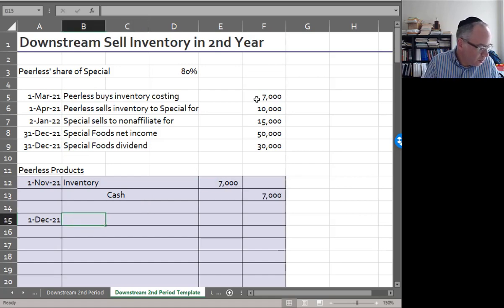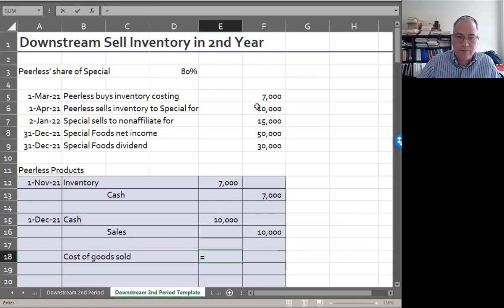Then Peerless sells the inventory to Special Foods for $10,000: debit cash, credit sales for $10,000, and then Peerless also records cost of goods sold for whatever it cost, in this case $7,000, and credit inventory for $7,000. That would be a perpetual inventory entry.